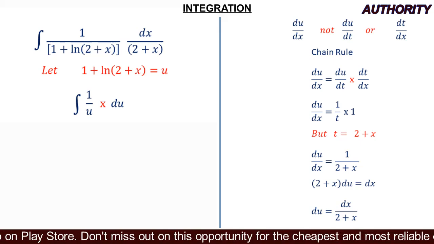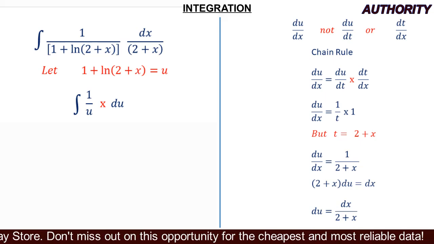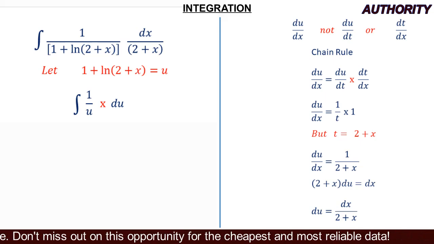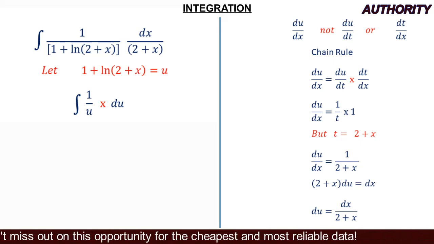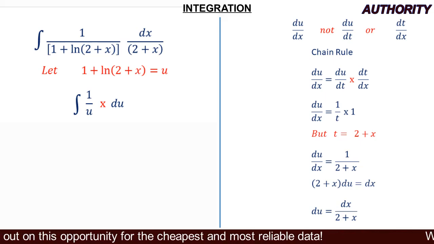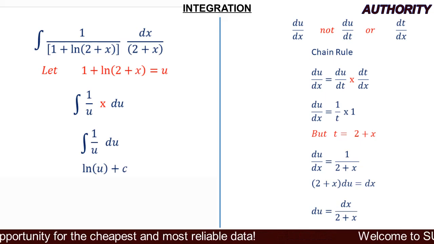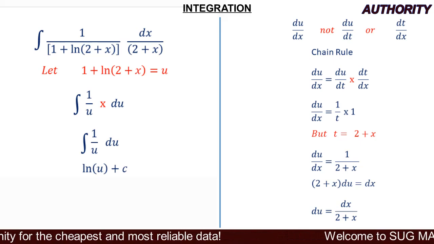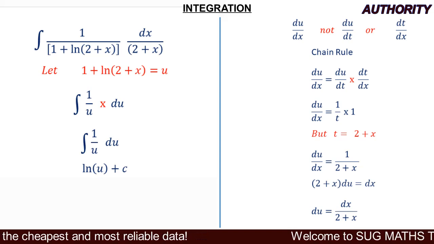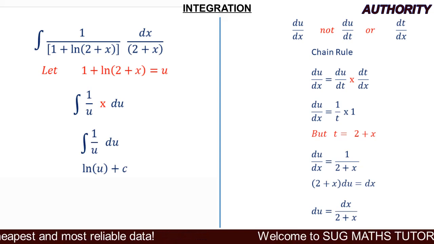Now we replace it with du. Here we have the integral of 1 over u du. Let's integrate properly. Integrating is going to give us ln u plus c.